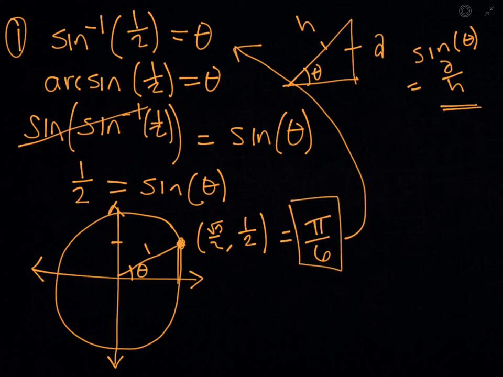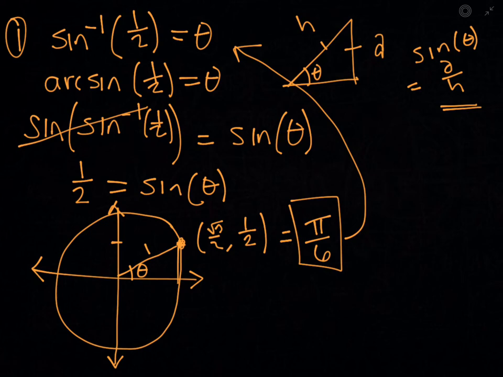So essentially what we did in this problem, just a little review, we took the inverse sine. We had the inverse sine of 1/2 at the very top, line 1, which we know means the arcsine of 1/2, but we just said we're going to take the sine of both sides. Sine of inverse sine of 1/2, those cancel, just like the square root of x squared, or the cube root of x cubed, those both cancel.